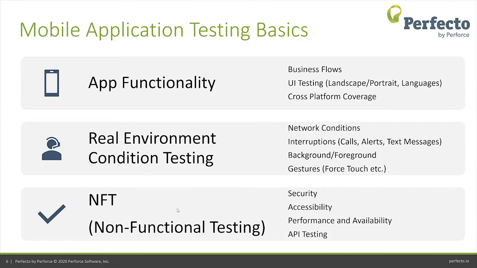You want to make sure that you are covering accessibility on your native and hybrid applications as well. You want to make sure that you are covering non-functional performance and availability testing, how your application performs when there is load on the backend, and how your end users are seeing the behavior on the front end, on the client side, which is the smartphone or tablet.